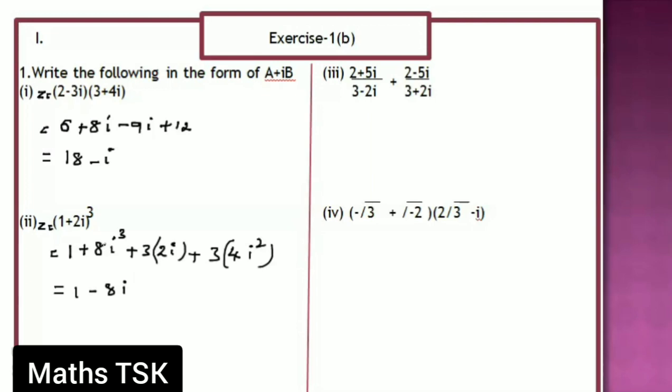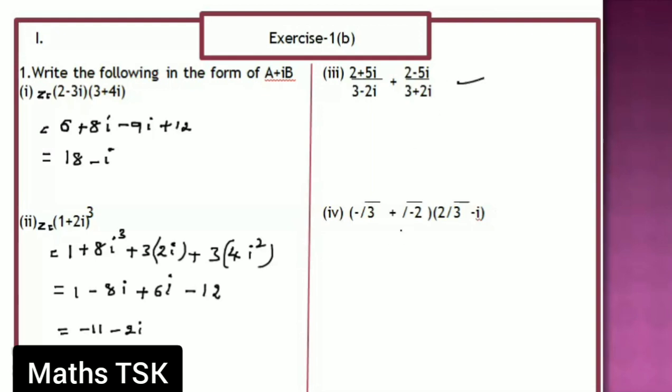If we take i square into i in common, this i square becomes minus 1, so minus 8i, and then 6i, and then minus 12. So our value is minus 11, and this becomes minus 2i. That is the value of this. Similarly, you can simplify these two values.